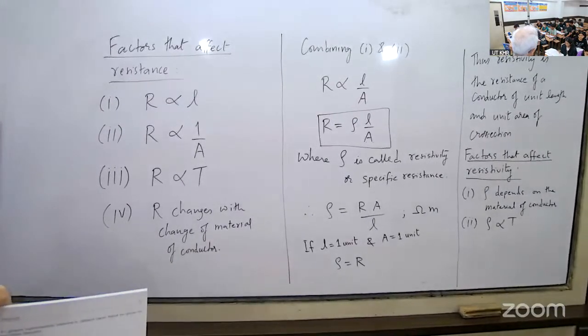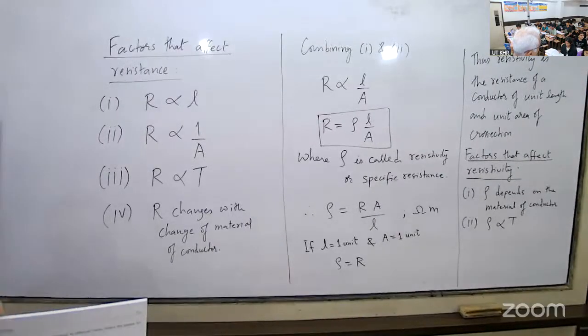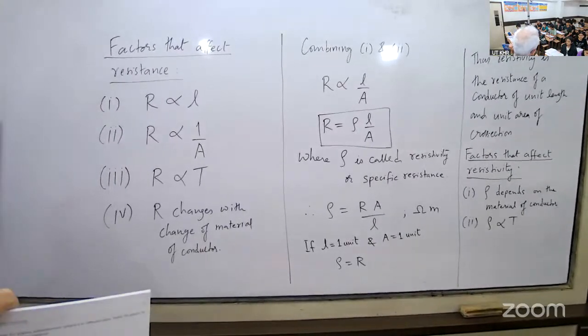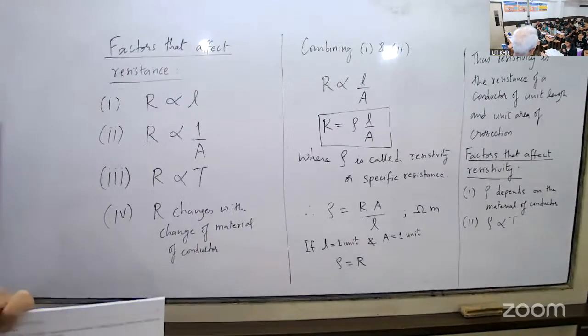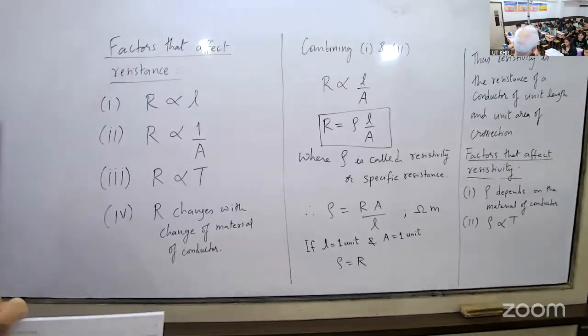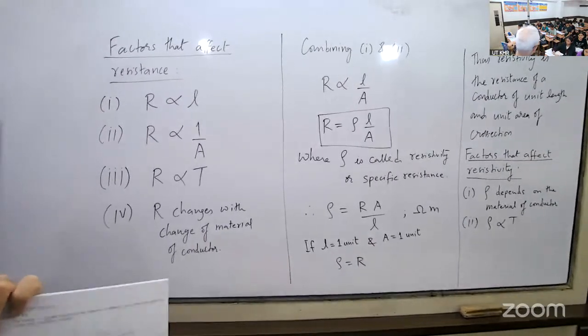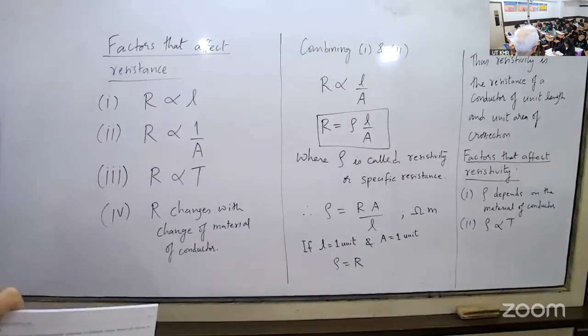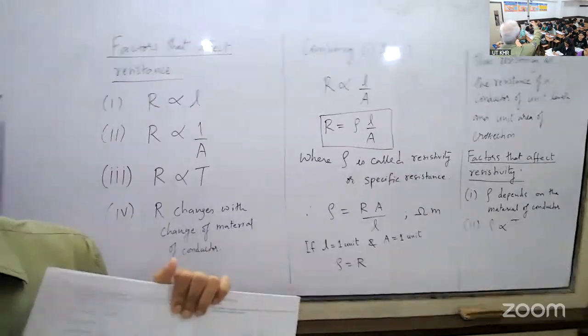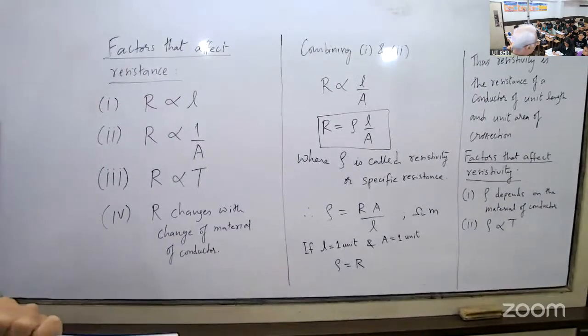Resistivity should be low for conductors, obviously. Conductors are the path for the current to flow, so a conductor should have the least resistivity. An insulator should have the maximum because we don't want the current to flow through insulators.